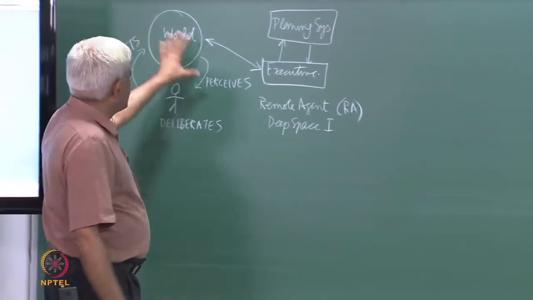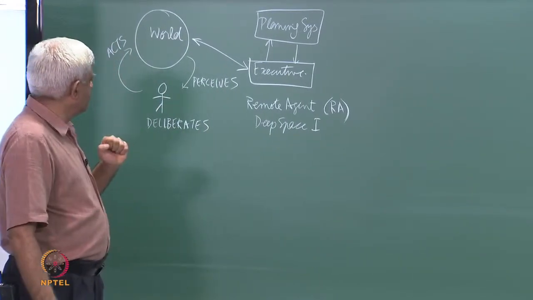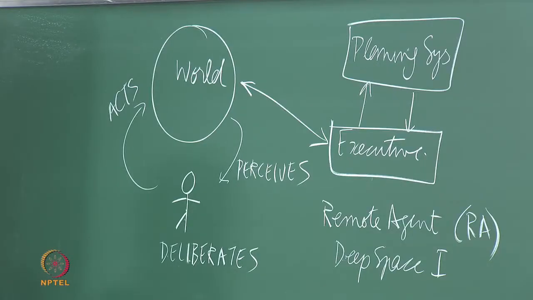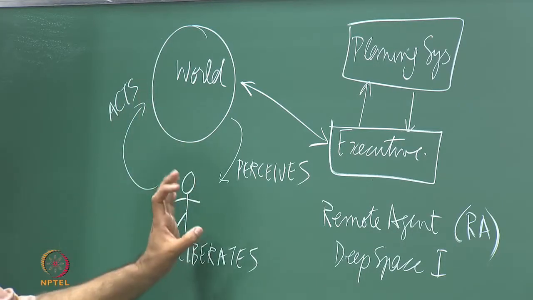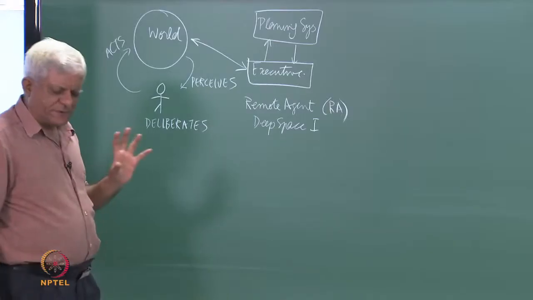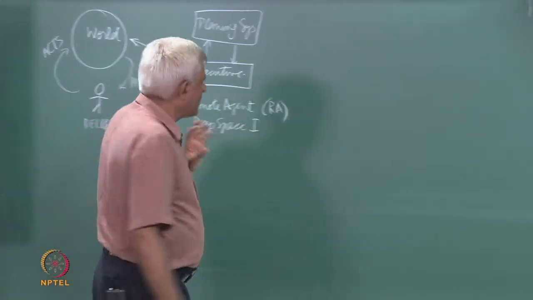So, let us look at this model of what is happening in the world, and let us see to what degree of complexity we can capture this essentially. Okay. So, in planning systems, we are going to do the following.